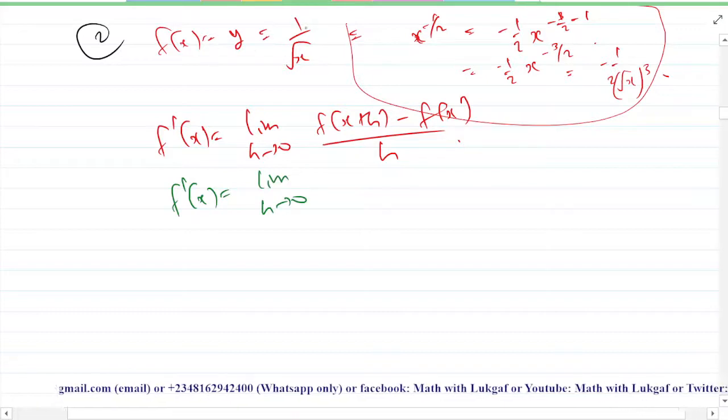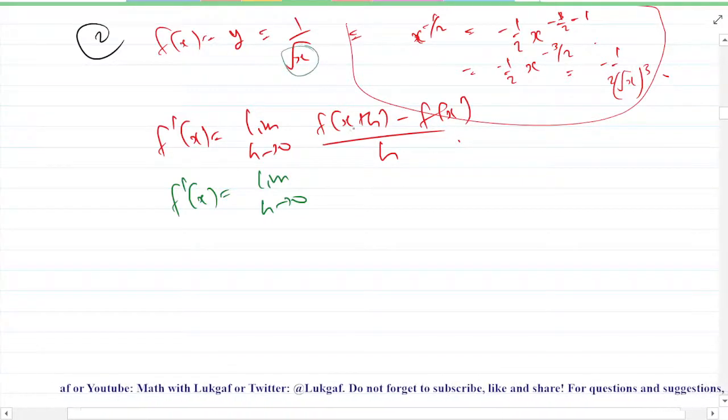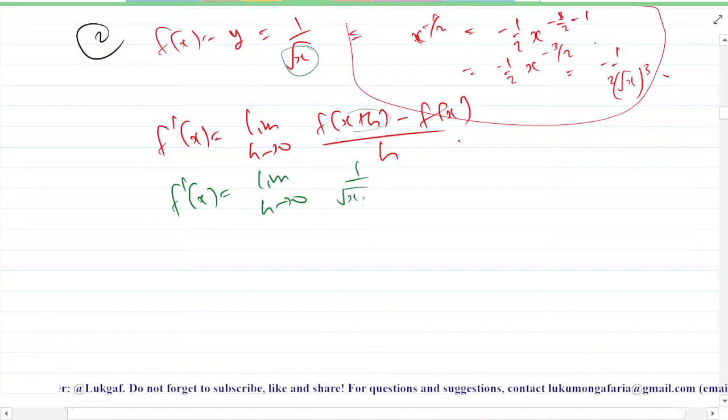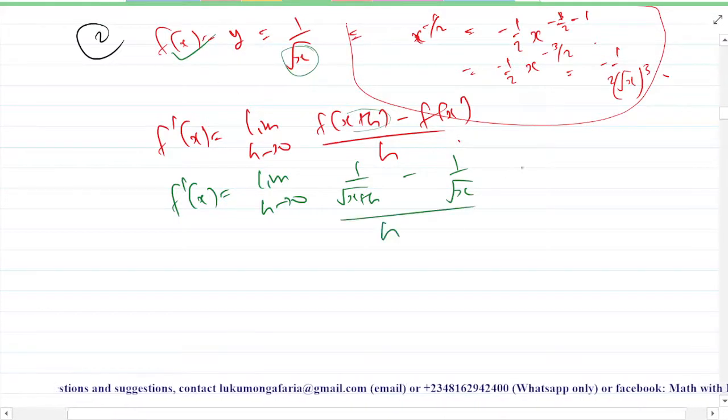So your f of s is 1 divided by root x. So your f of s plus h will be what? I told you, wherever you see x here, you are going to replace it with s plus h. And this one will give you 1 over square root of s plus h minus 1 divided by root s, because that's my f of s, divided by h.